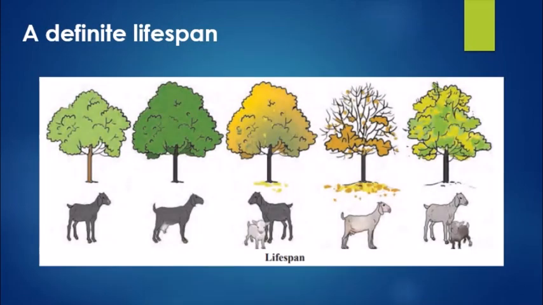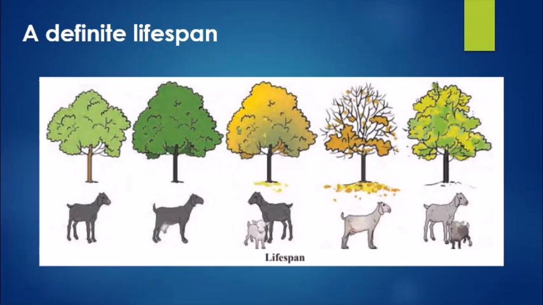Another very important characteristic of living organism is that we have a definite lifespan. Every living thing has a fixed lifespan. Life comes to an end with death, when the organism becomes weak and then it dies. It happens in plants as well as in animals.